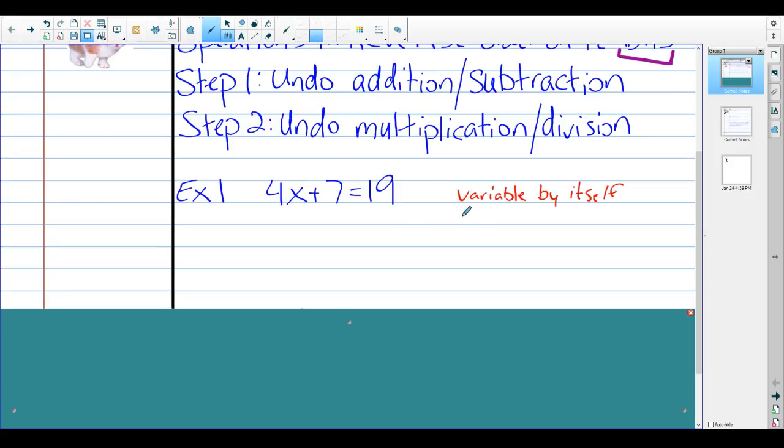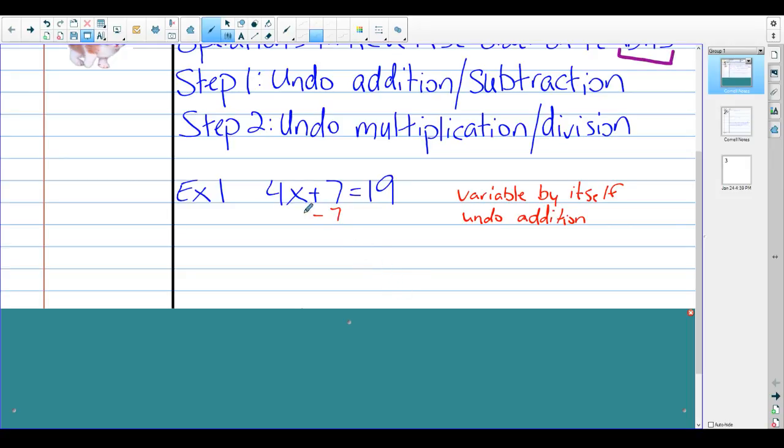We had plus 7, so we're going to undo addition. We want to get rid of plus 7, so we do the opposite of that, which is to subtract 7.